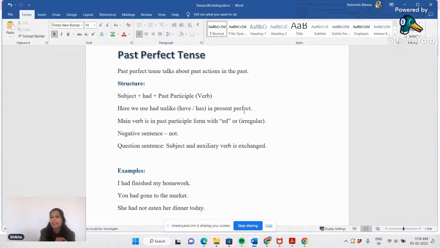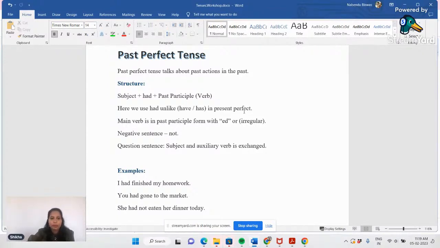But if I say he had gone to his village, that means long back he had gone to his village, maybe one month, two months back, but now maybe he has come back, or maybe he is in his village, but it's a long time since he went. So this is the difference between these two tenses and the meaning which comes out from these sentences.